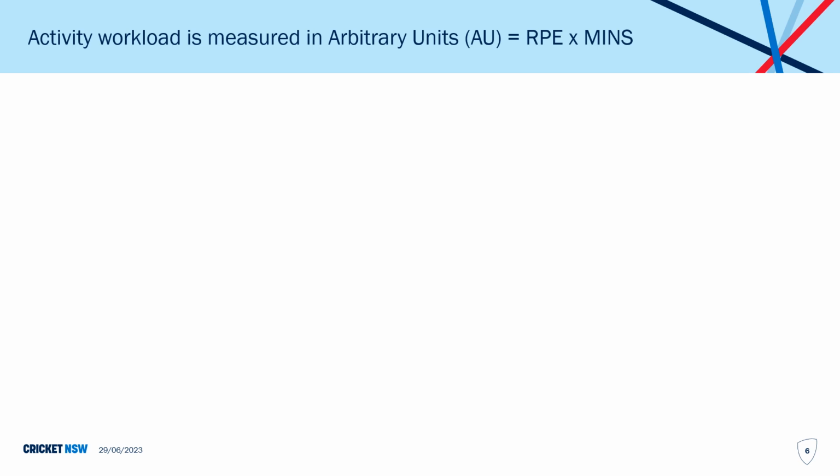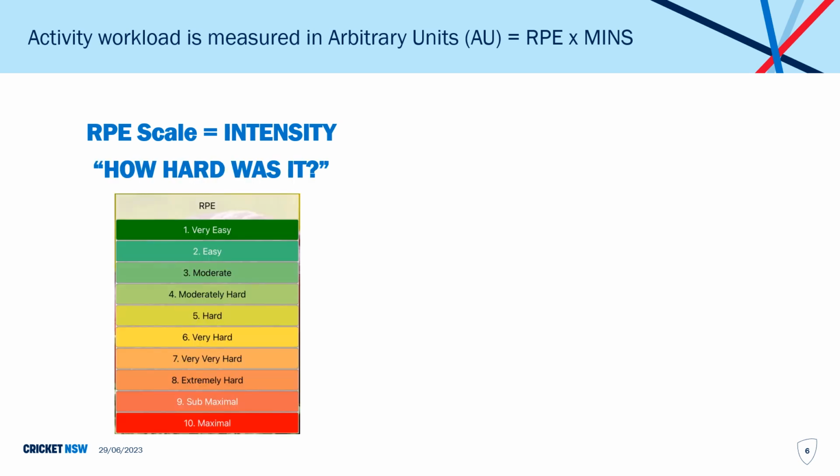Now, the data that you have submitted into the app, RPE and minutes for each activity, that's multiplied together to give us something called arbitrary units, which is how we quantify workload. So with the RPE scale, it's a measure of intensity, so how hard was the activity that you did.